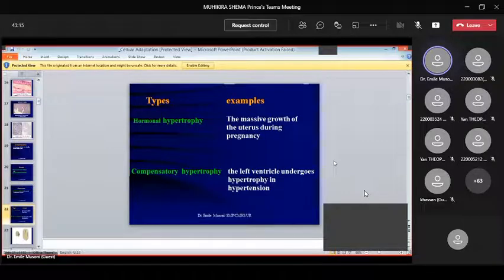It can be hormonal or compensatory. Hormonal, it is massive growth of the uterus during pregnancy. In this one, the endometrium will have hypertrophy. Compensatory hypertrophy, it is the left ventricle undergoing hypertrophy in case of hypertension, arterial hypertension.